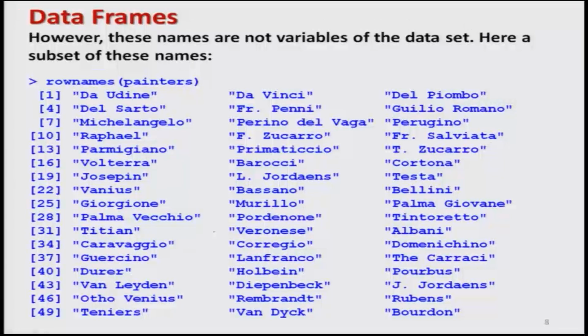Now, suppose the first task or the first question is: what are the row names, or what are the names given in the rows? This data set can be very huge, and with our eyes we cannot see the entire data set in a single shot, so I would like to extract the information.